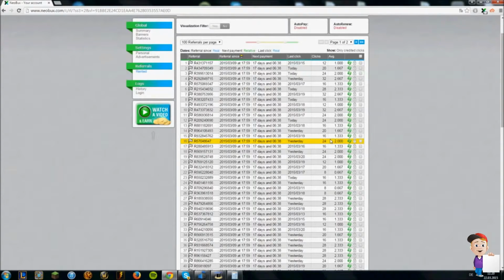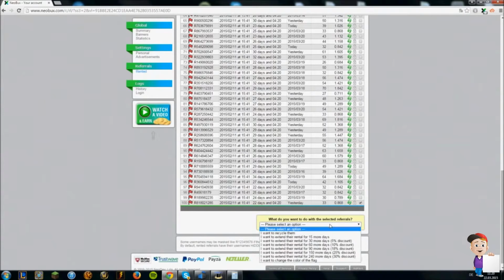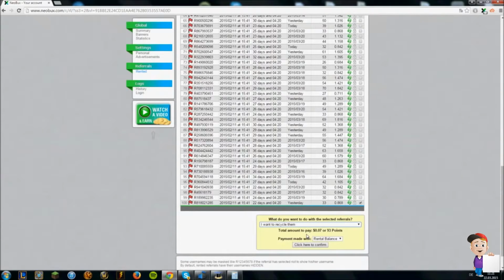But of course you don't have to wait 15 days if you're not satisfied with one of your referral clicks. You can recycle a referral for 7 cents or 93 points. I will talk about points later, and you can do this by marking one and choosing this option here. I want to recycle them. Okay.